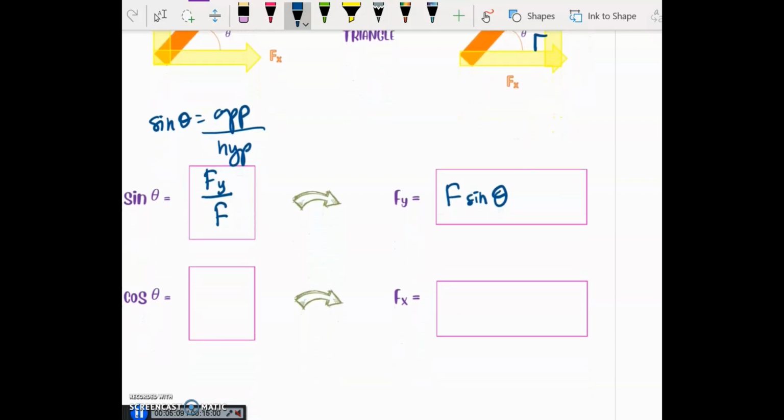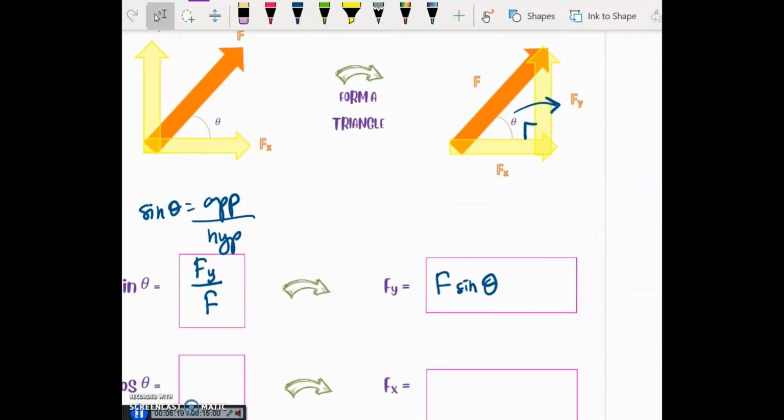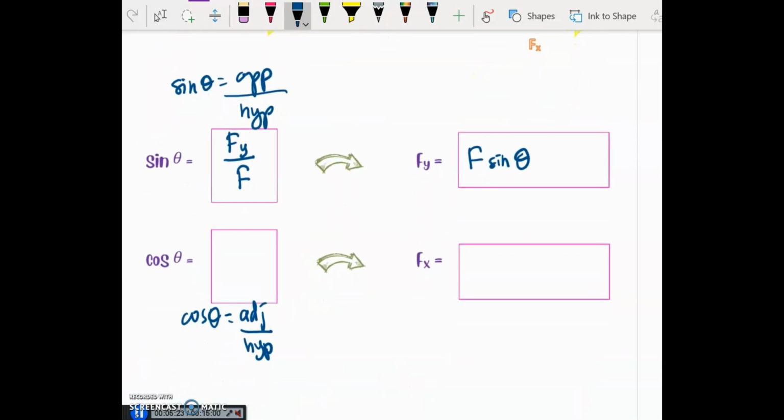Similarly, to find Fx, you must use cos theta, which is adjacent over hypotenuse. From the diagram, the component adjacent to theta is Fx, and the hypotenuse is F. So to find the horizontal component Fx, make it the subject and you will get F cos theta.